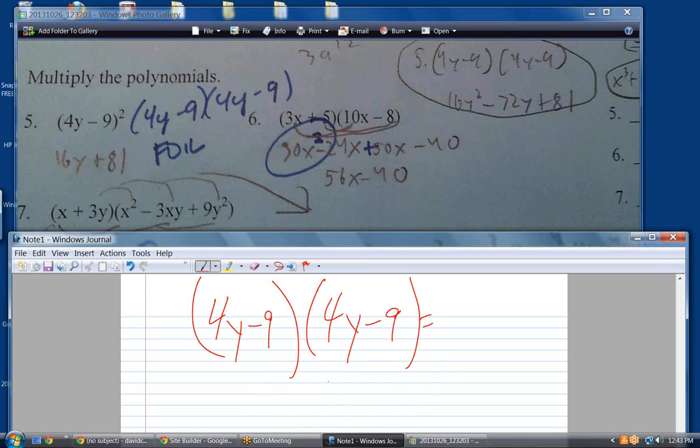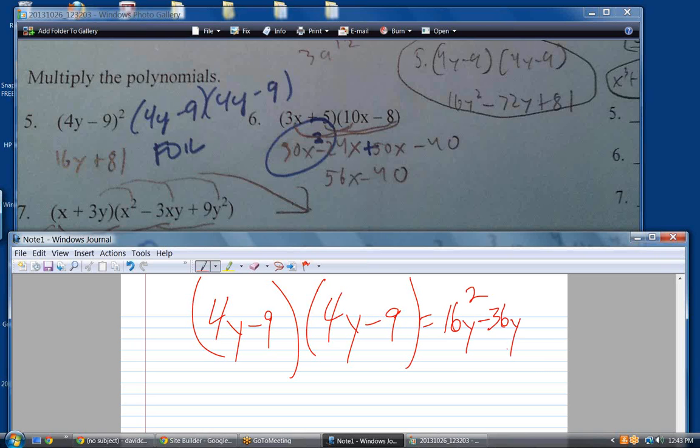Do it term by term, out loud. 4y times 4y would be 16y squared. 4y times negative 9 would be negative 36y.